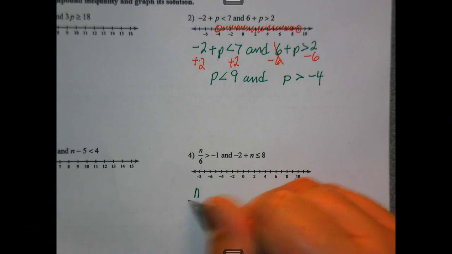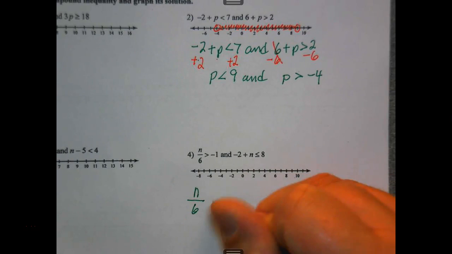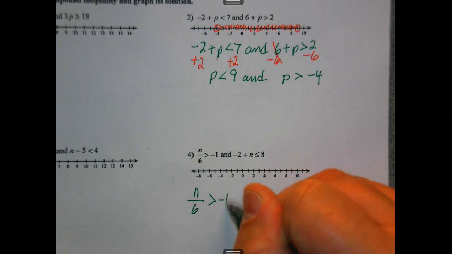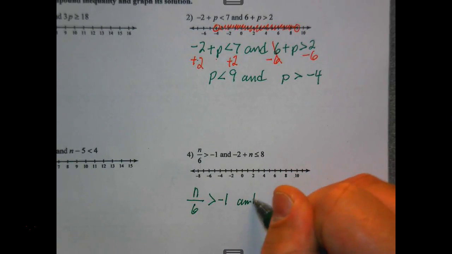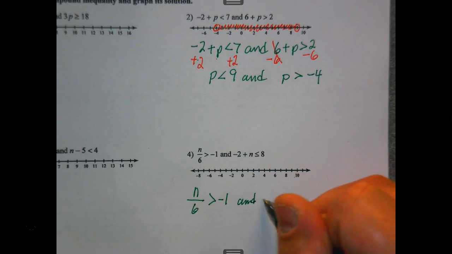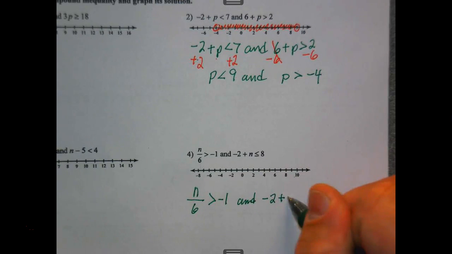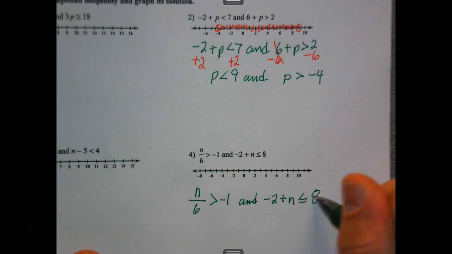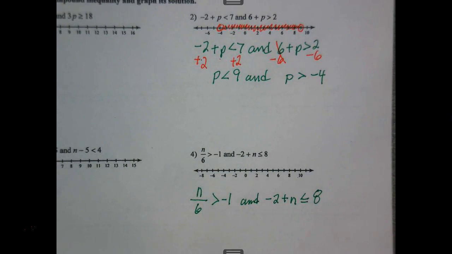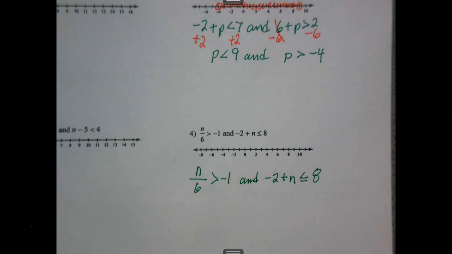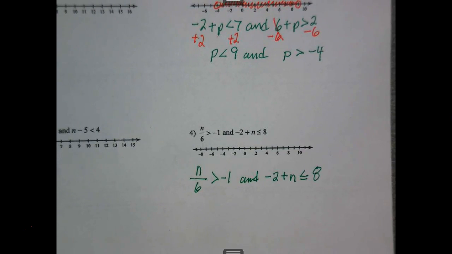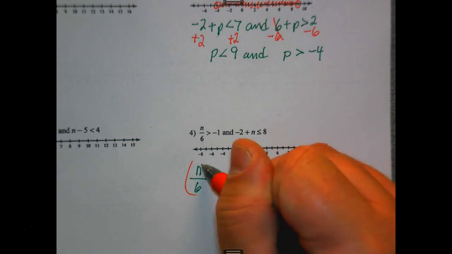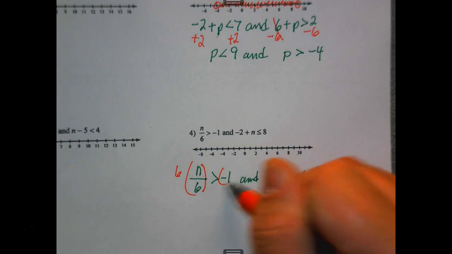I'm going to rewrite my problem underneath to give me more room. Multiply both sides by 6.